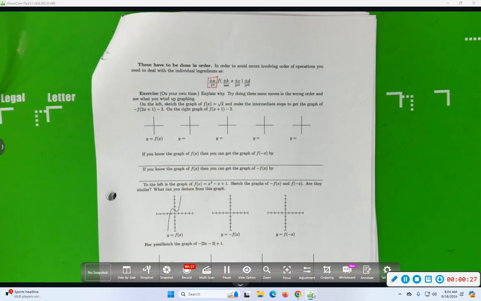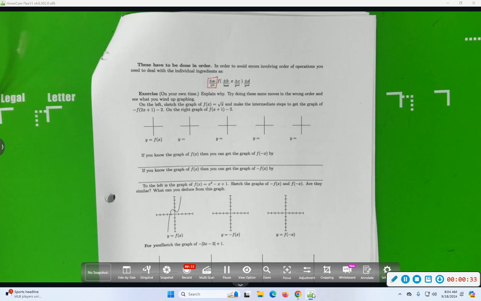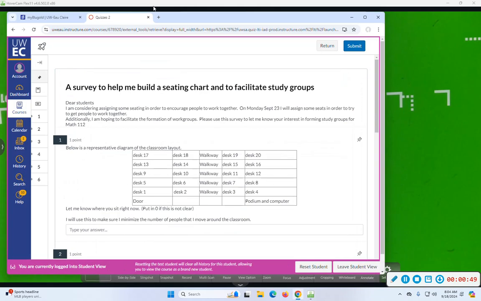What happens to the graph of a function when you multiply that function by some number? Oh shoot, let's even just remind ourselves. There's nothing magic about these things.